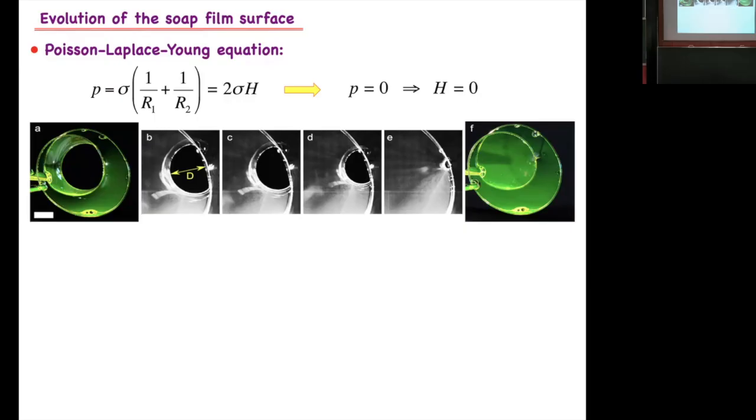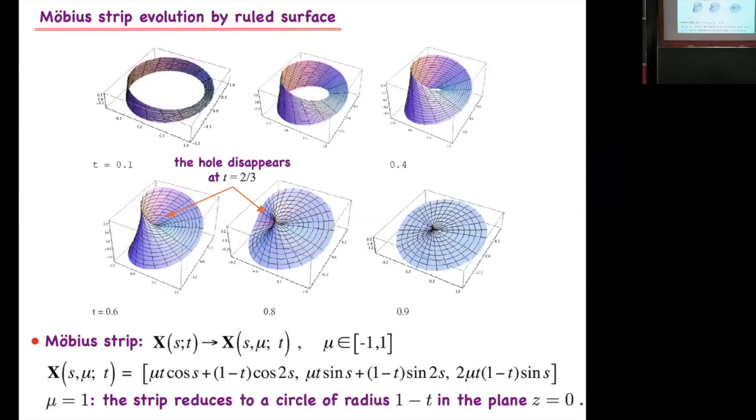Let me go back one slide. You start with this configuration, and then you deform the two edges of the ribbon in order to get the disk. But while you deform this, at a certain point, the hole disappears, and there is a restructuring of the surface in here to get to the oriented surface.